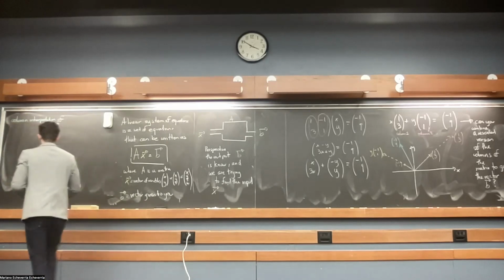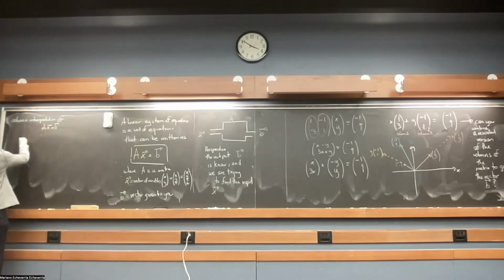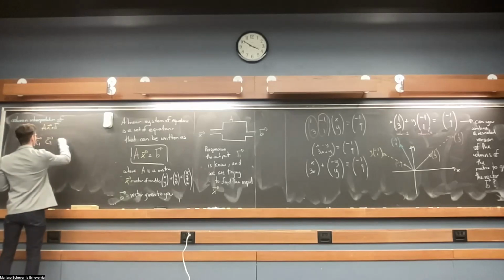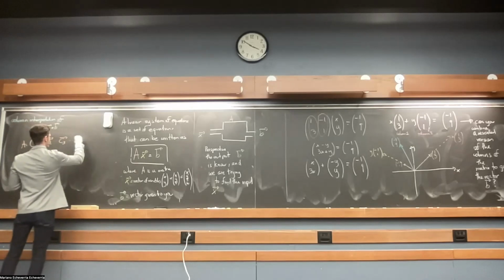So what I'm trying to say is that if A is a bunch of columns, let's call them column one, column two, column three, up to column n.